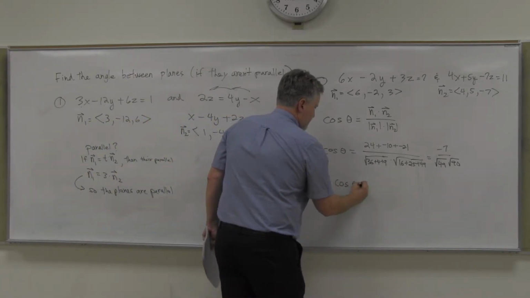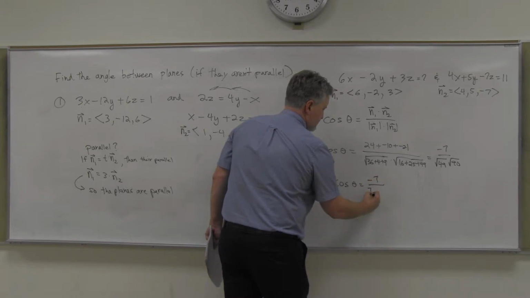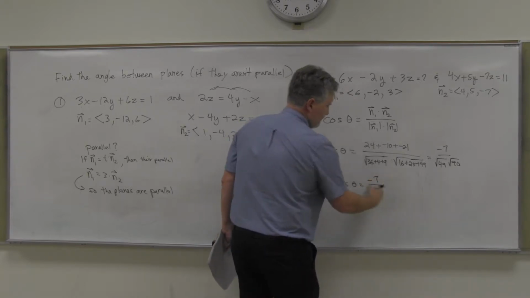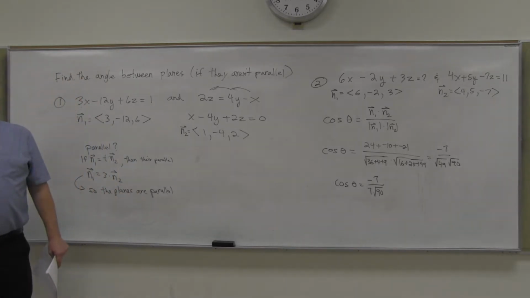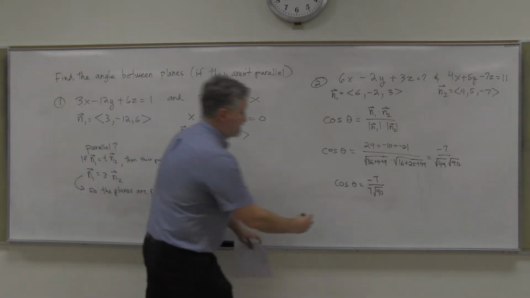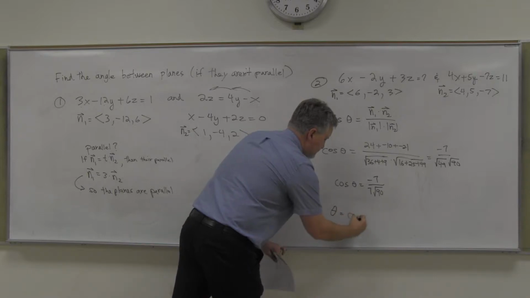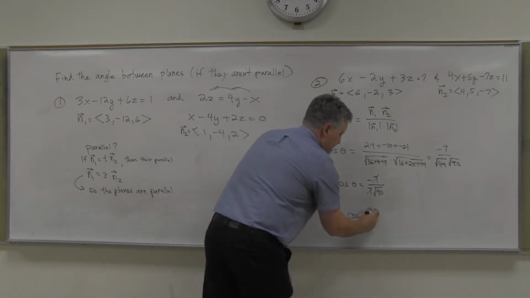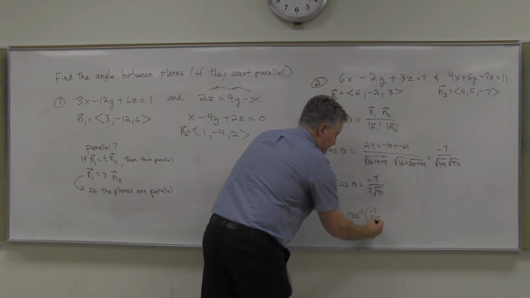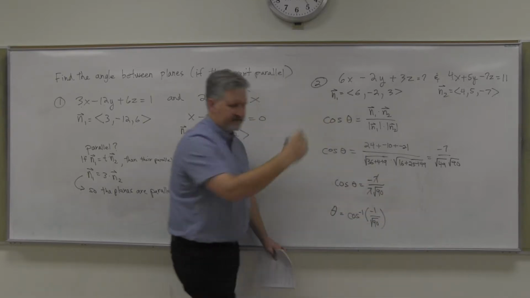So cosine of theta equals negative 7 over 7 square root of 9. And we can simplify, but really what we're going to do to get the angle, theta is the cosine inverse of negative, oh, that would cancel even. Just call it negative 1 over square root, and then we can simplify it more.